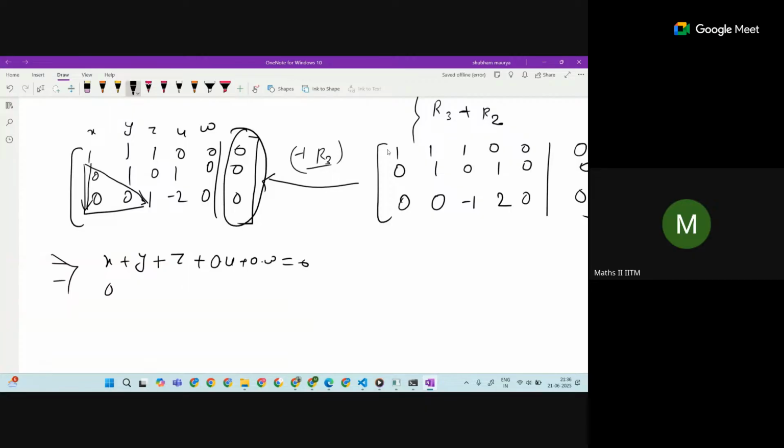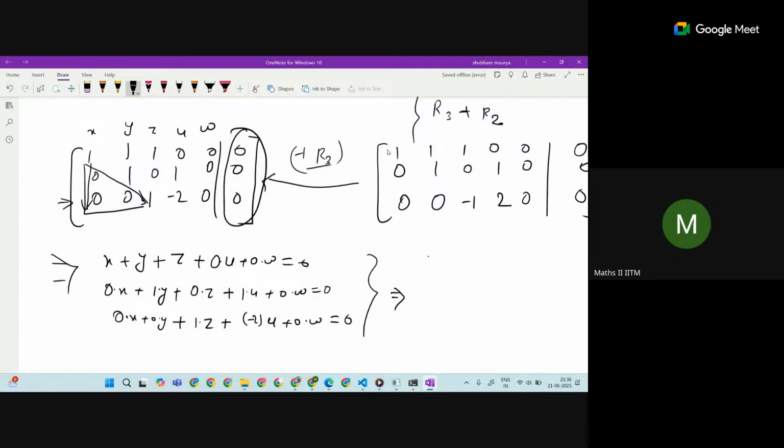Next is 0 times x plus 1 times y plus 0 times z plus 1 times u plus 0 times w is equal to 0. The third row gives the equation 0 times x plus 0 times y plus 1 times z minus 2 times u plus 0 times w is equal to 0. This is the equation we get.